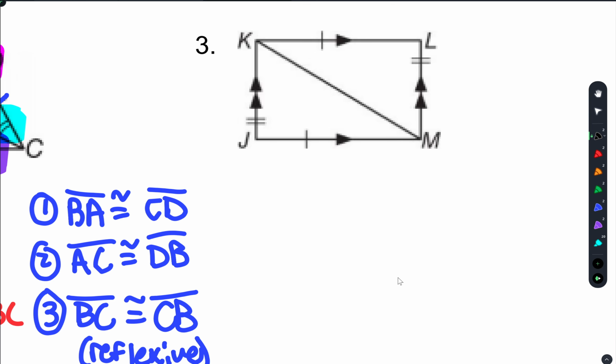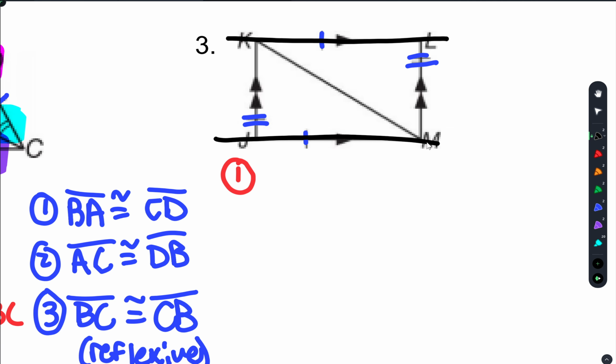We have tick marks. I see the tick marks, right? I have 2 pairs of segments congruent here and here. What do those arrows mean, though? Parallel. So in order to find any of my angles, I'm going to have to use these parallel lines. So let's extend them. I'm going to use the top, the bottom, and this middle line is my transversal.